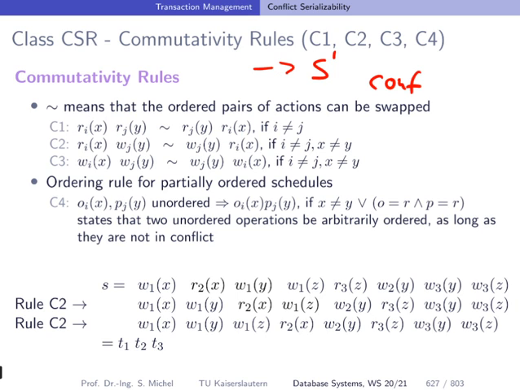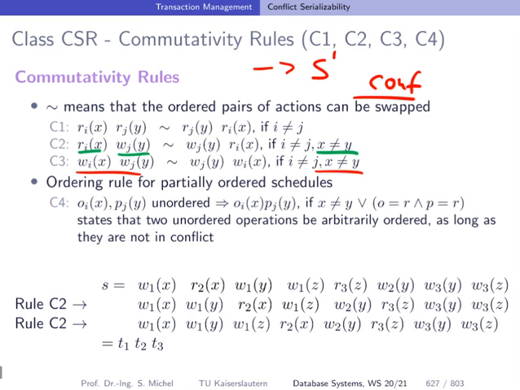Also, what C2 tells us, we can swap read and write, but only if the objects we are reading and writing are not the same. Also, this is not messing up with our conf relation. And C3 says we can also swap writes, but be careful, there have to be different objects we are writing to.